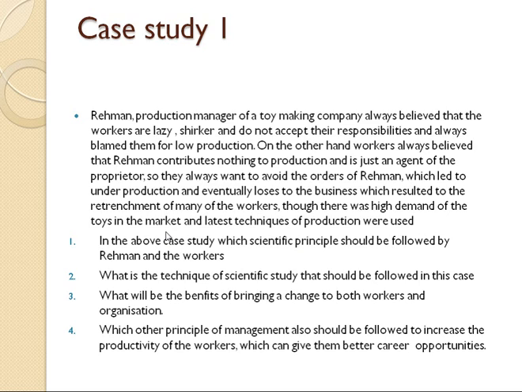So in the above case, which scientific principle should be followed by Rahman and the workers? And for giving an answer to this question, we should study the case very thoroughly, and while studying this case, we find that there was a lack of trust among the workers, and there was class conflict, and there was no harmony among the managers and the workers.